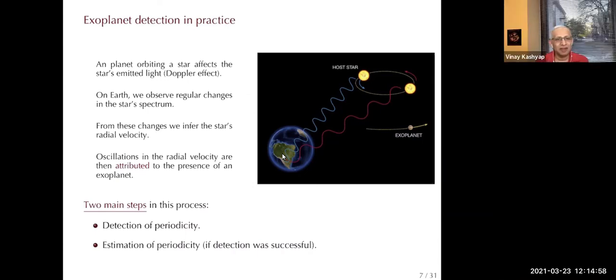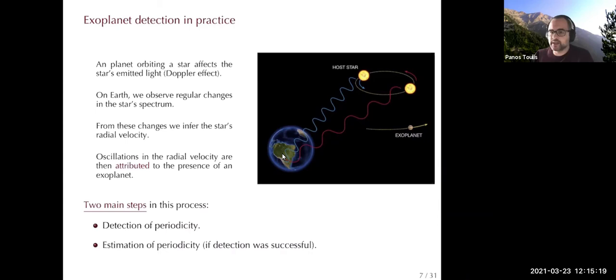Panos? Yeah. So I understand that you're using exoplanets as a specific use case. But I don't know if your methods are specifically targeted towards the radial velocities, or is it just a convenient variable? It happens to be convenient.